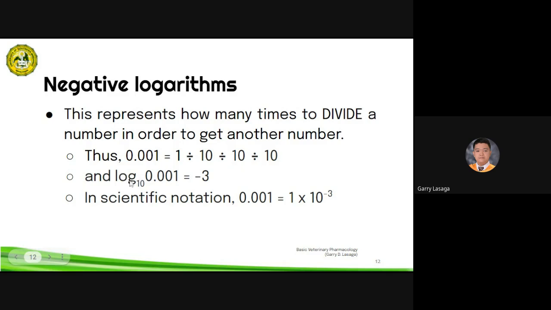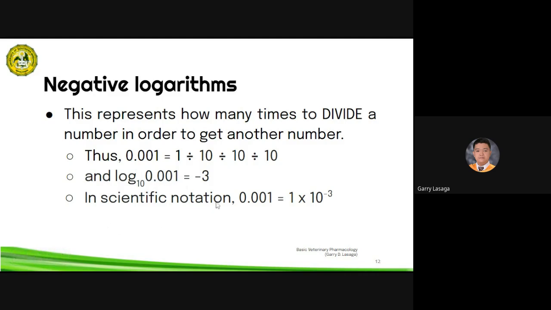And the log base 10 of 0.001 is equal to negative 3. This means that we need to divide the number by 10 three times in order to get 0.001.